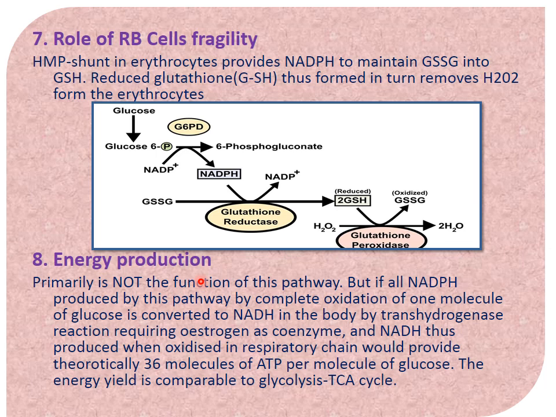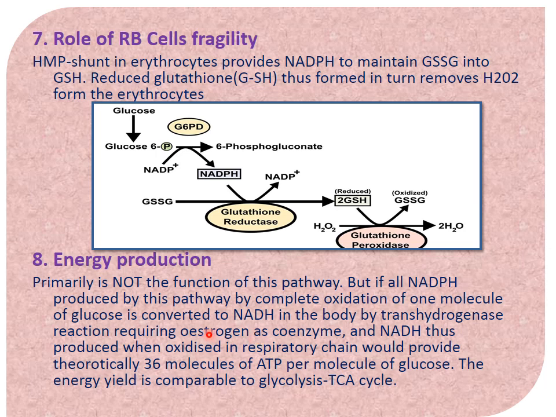Then energy production. The HMP shunt does not have energy production as its main function, but it produces NADPH. This NADPH gets converted into ATP when it enters the electron transport chain, which is known as oxidative phosphorylation.